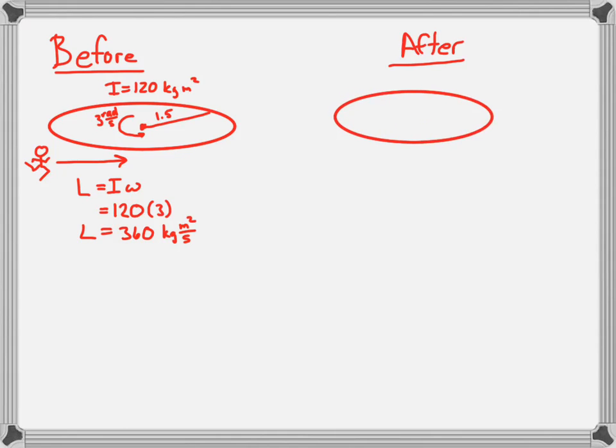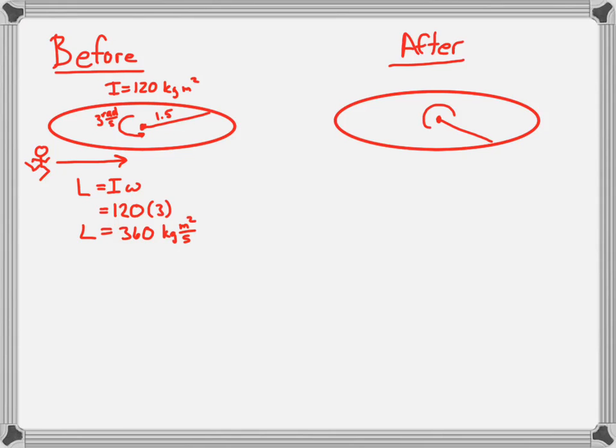So afterward, we have a 30 kilogram child that hops on to our merry-go-round. And so not only do we have the merry-go-round spinning around at some angular speed omega, but we also have little Susan.